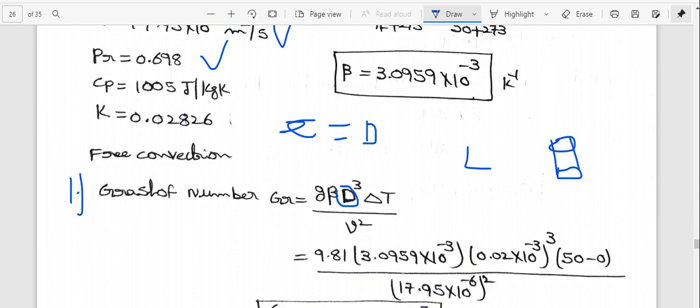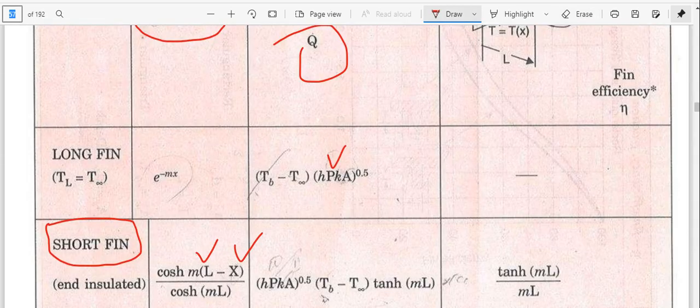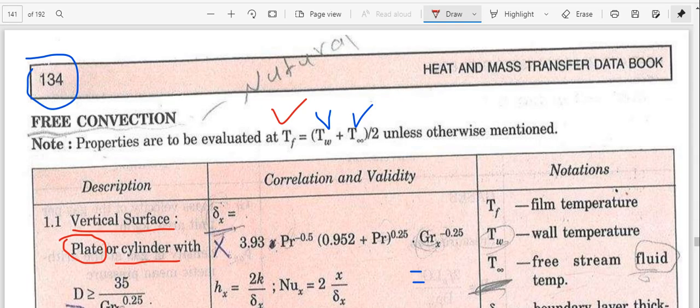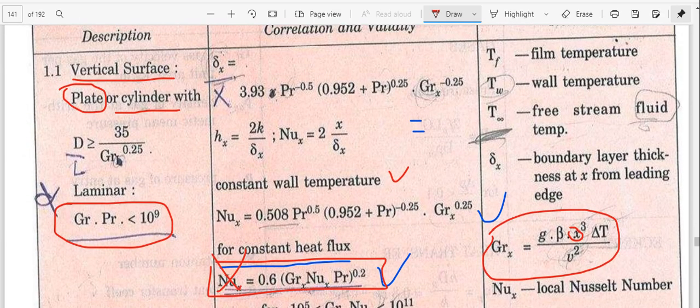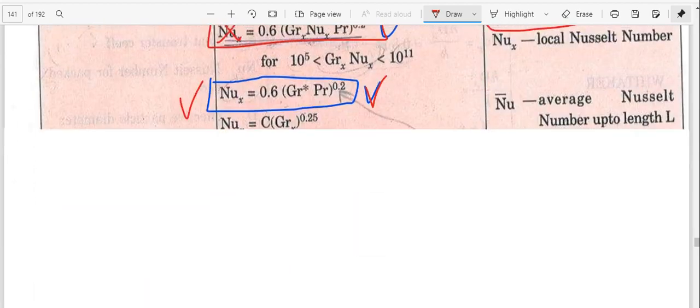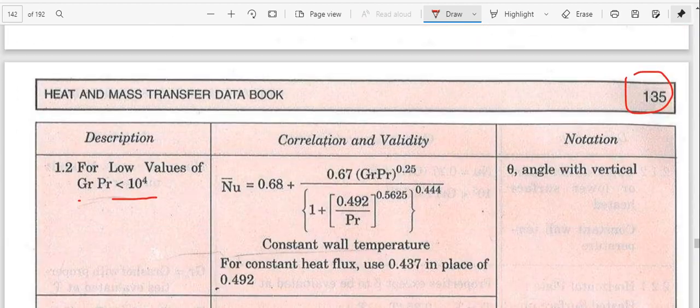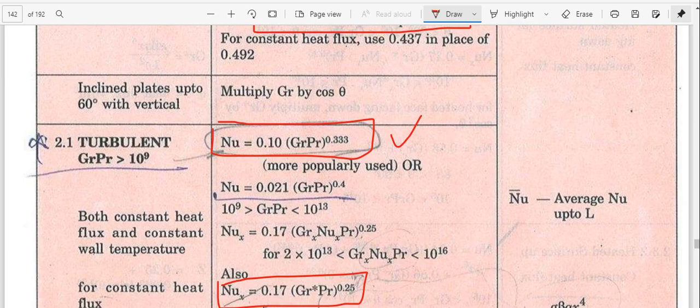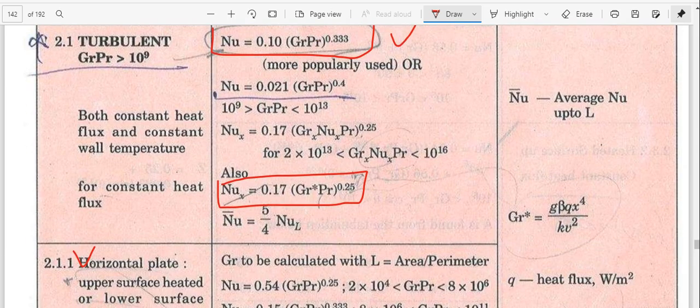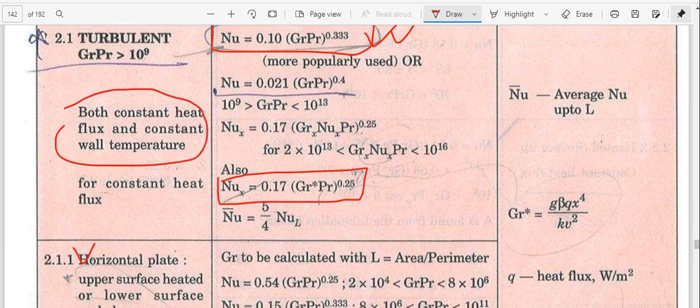Why do we want to consider x equal to d? In free convection, we observe the vertical surfaces, that means plates and cylinders, with lower and higher values of Gr Pr, and turbulent flow is mentioned, this is the generalized case. Both fluxes are constant.